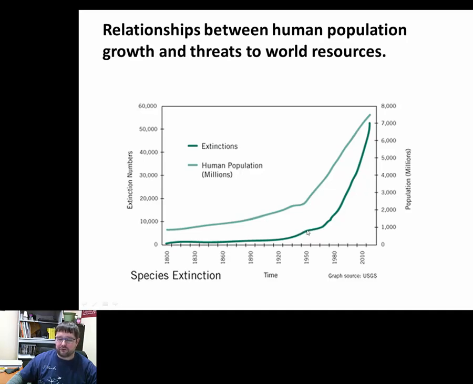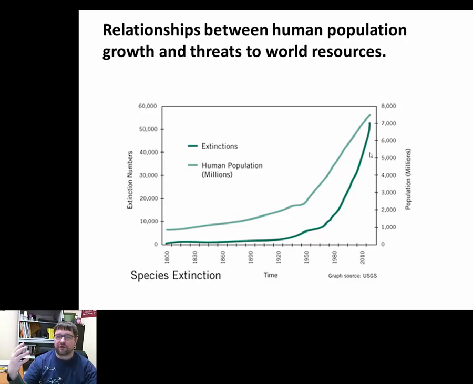And clearly by the 1950s, there were lots of scientists, okay? And it's probably not because we have more eyes out there examining the extinctions. It's because there are more extinctions. It's because the human population is outcompeting a lot of organisms in different regions.